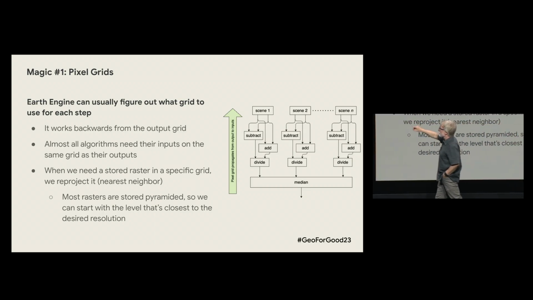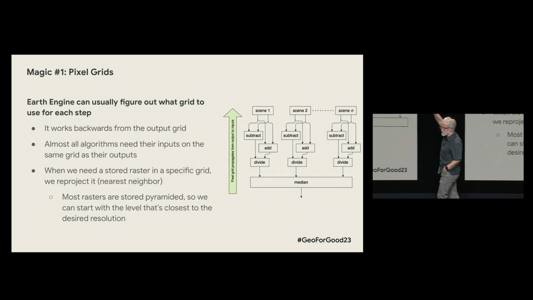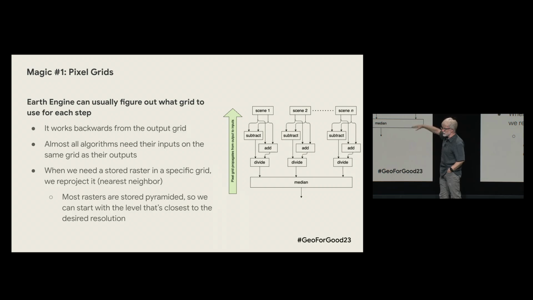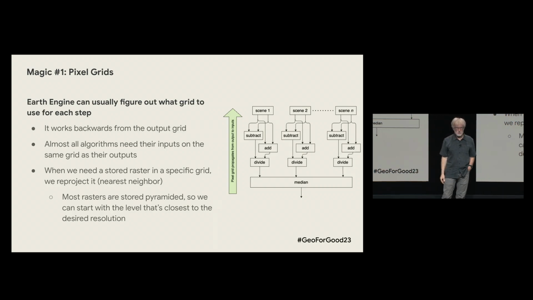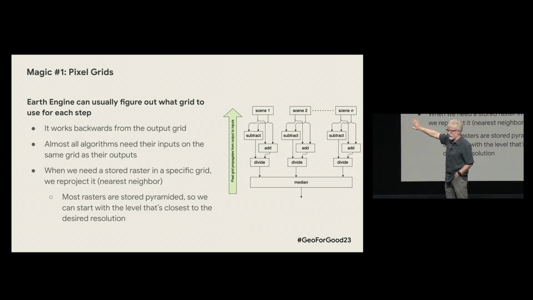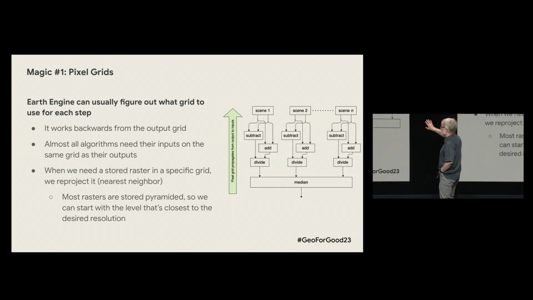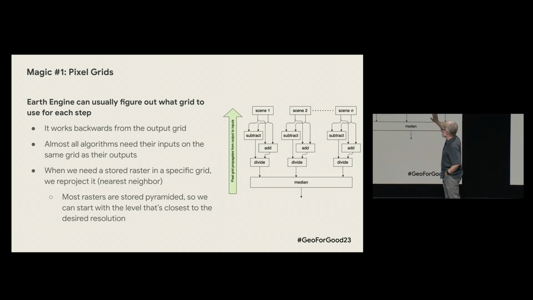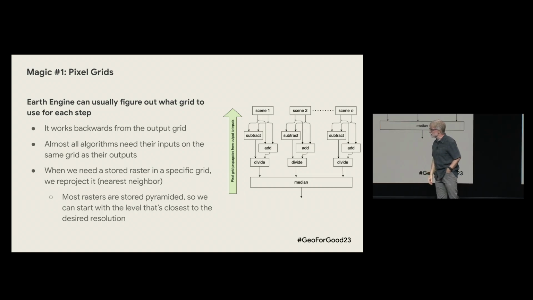So when I get all the way back there, I'm going to have to do some reprojection to turn the Landsat scene into the output grid that I wanted here. But once I've done that, then everything else can just filter through this data flow graph. So that's a very straightforward story, and that's how most of the time Earth Engine is deciding what projection I'm going to use for each of these intermediate rasters.